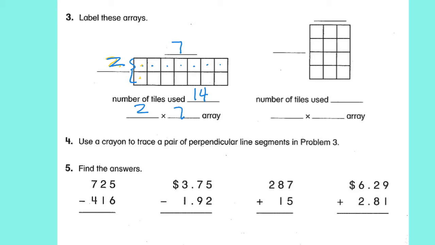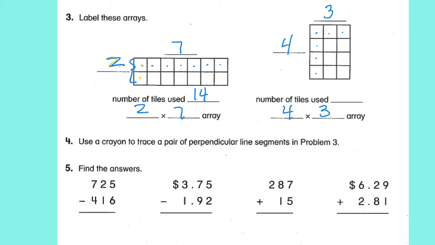Okay, and so on the next one, we have 1, 2, 3, 4 rows, or 4 arrays. And then across, we have 1, 2, 3 tiles across. Okay, so this array will be 4 times 3.